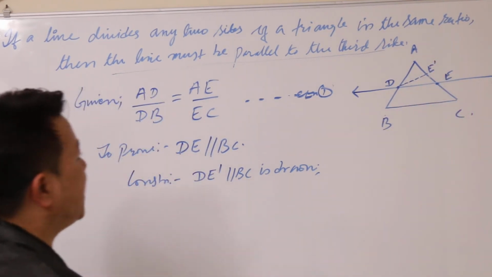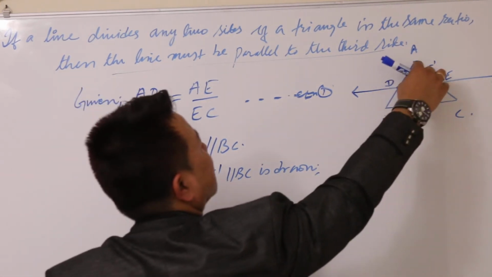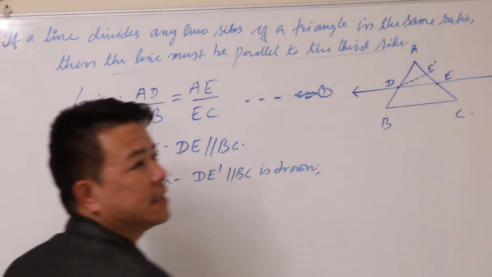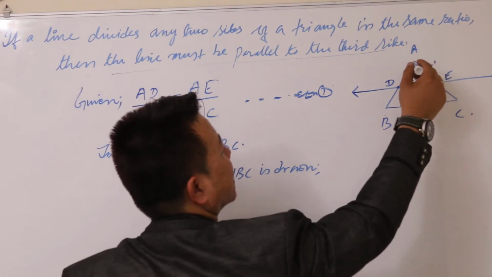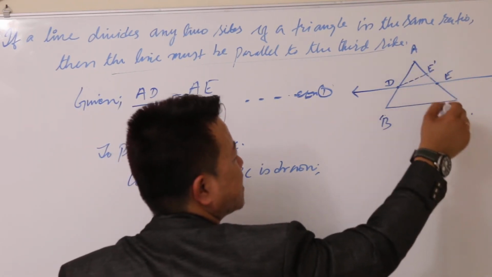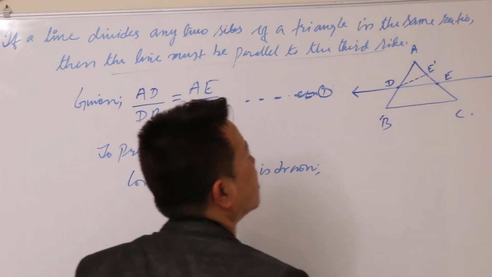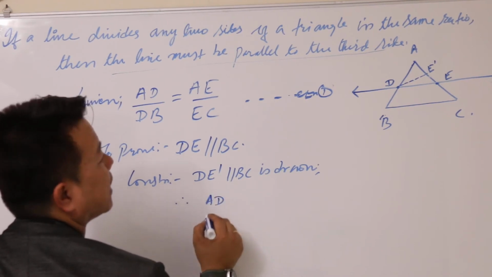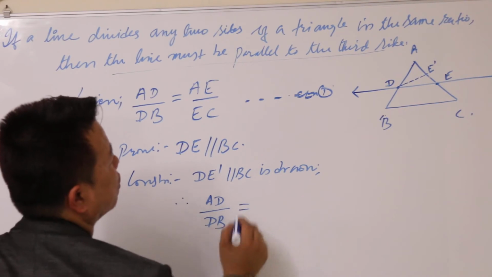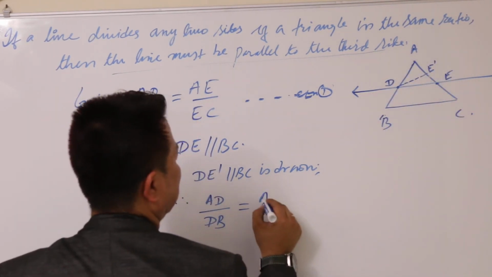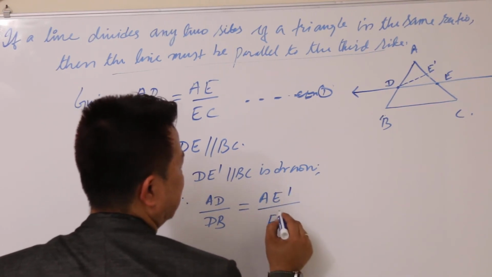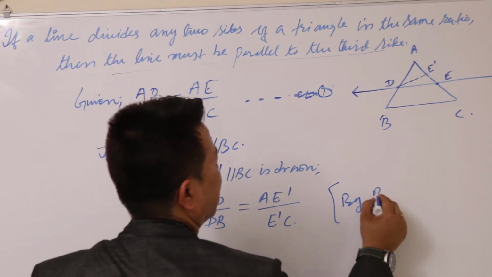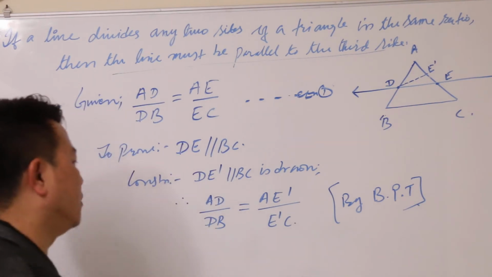Therefore, in this triangle, AD by DB is equal to AE dash by E dash C. This is Thales theorem, by the basic proportionality theorem that we have done yesterday.